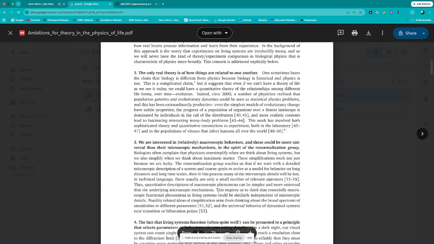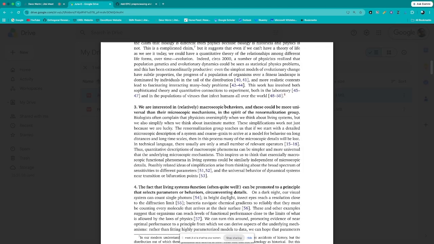Okay, so then number three is we are interested in relatively macroscopic behaviors, and these could be more universal than the microscopic mechanisms, in the spirit of renormalization groups. This is where we resample our microscopic data and we end up with macroscopic states that may be more universal than things at the microscopic level.